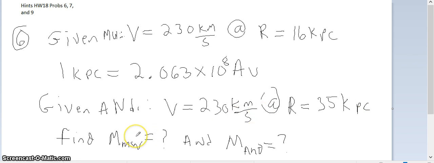From this information, we determine the mass of the Milky Way galaxy, and we're going to determine the mass of Andromeda. And we're going to find Andromeda is much, much bigger, as a matter of fact, when we get through with this.